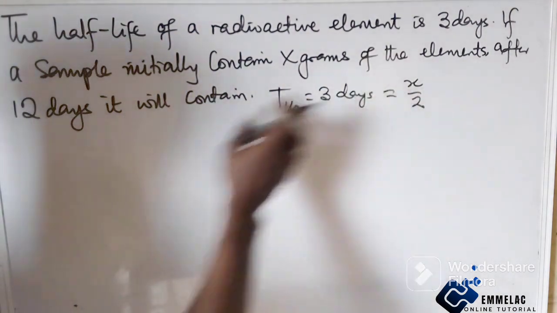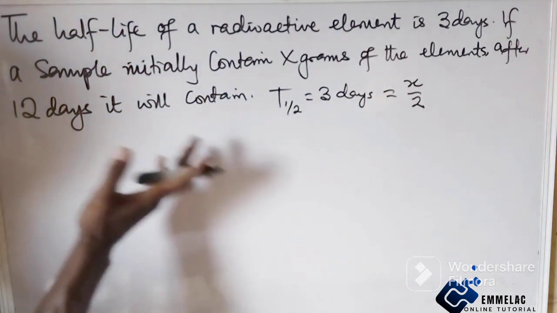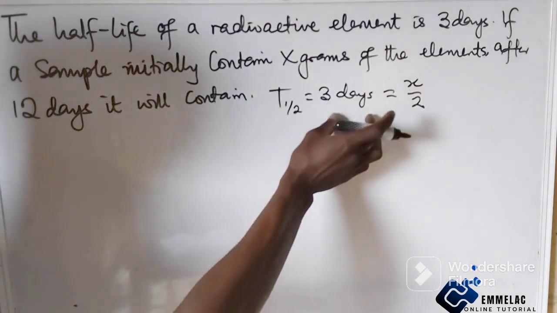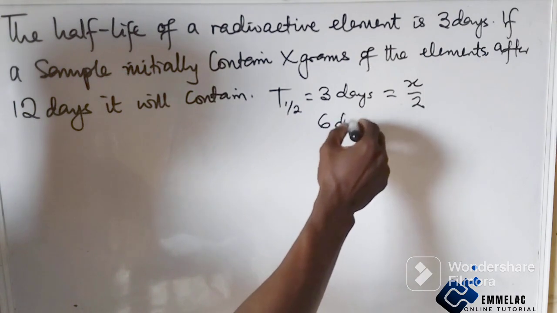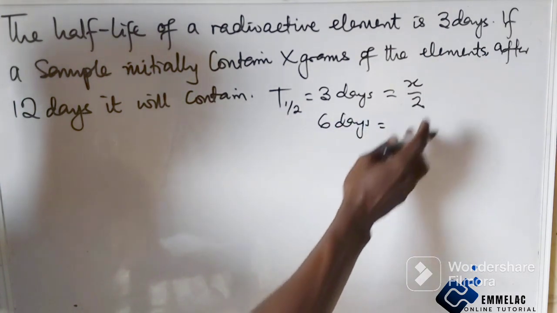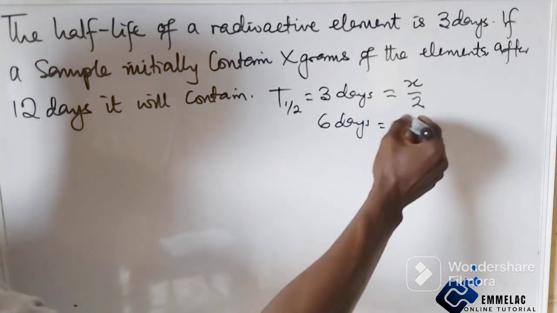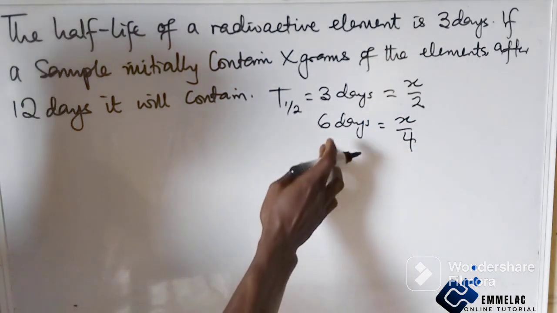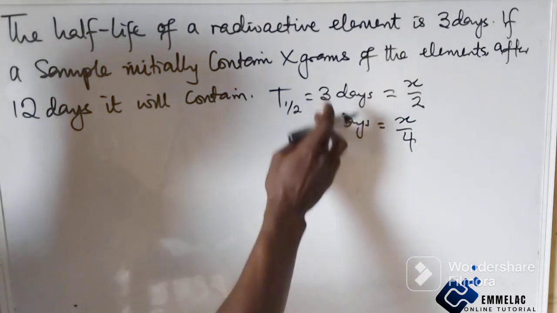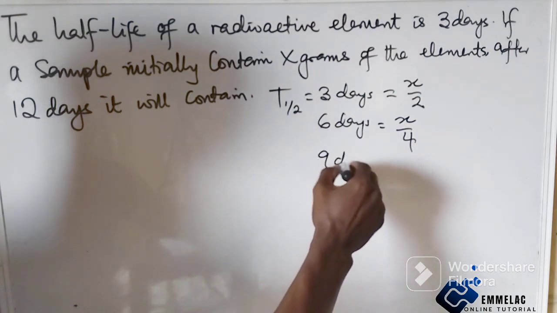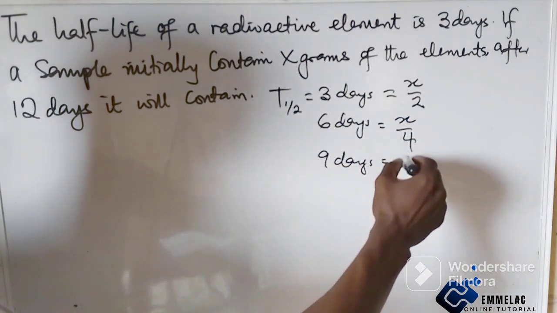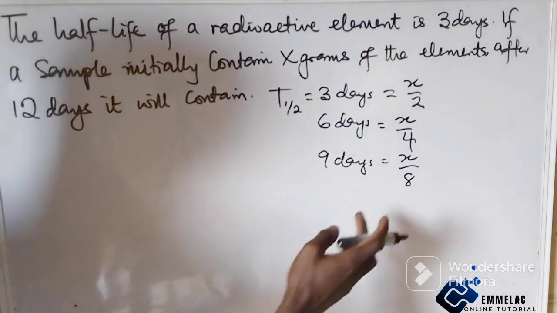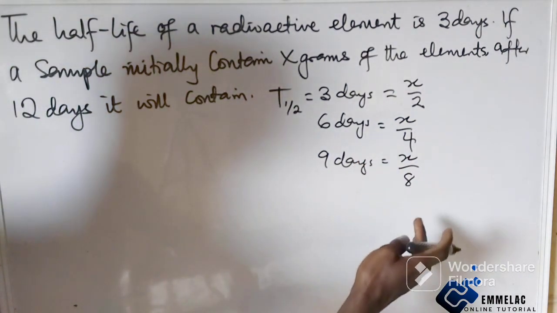Alright, now the question is, after 12 days, how many gram will remain? Okay, so now the next 3 days, which was 6 days, will give us this. That will be x over 4. Now the next 3 days again, which is plus 3, that will be 9 days, will give us x over what? 8, which means you are actually dividing by 2.